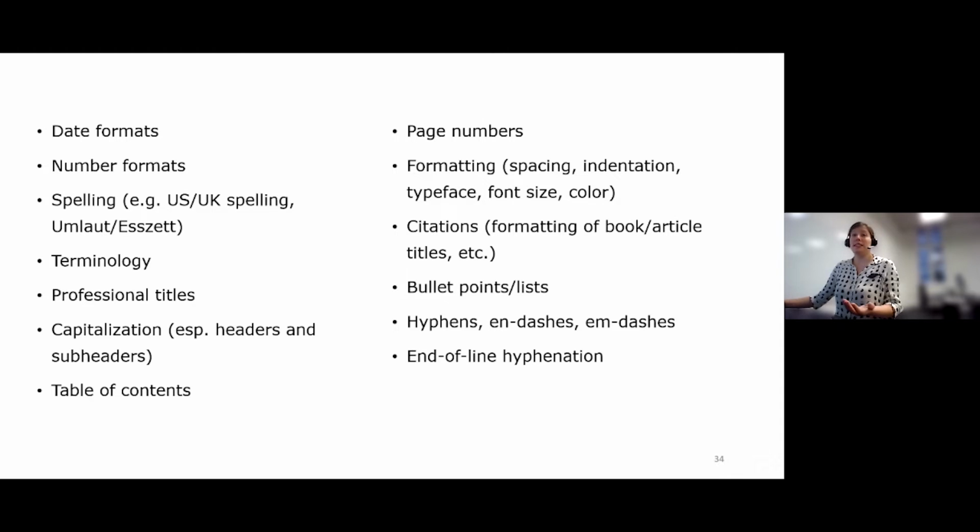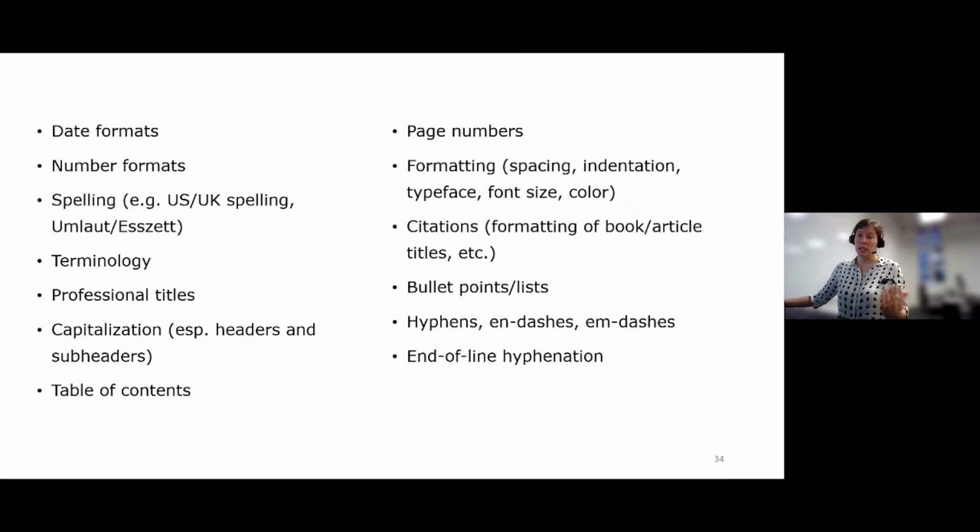And what does consistency apply to? Everything, basically. Here's a list of areas where I have encountered inconsistencies in proofreading or finalizing texts. Date formats, for example, where a date is written out sometimes and abbreviated other times. Number formats, like when a comma is used to separate thousands in one place and not in other places.